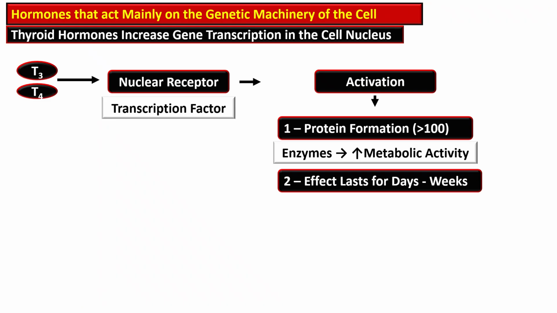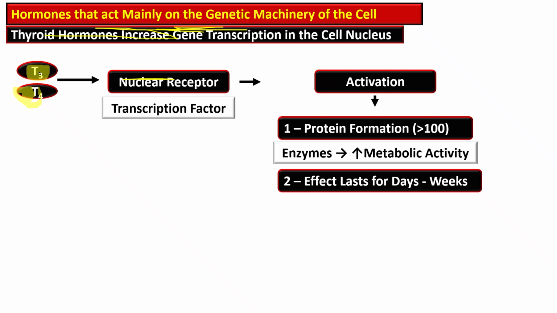So the thyroid hormone is also a lipophilic hormone, both T3 and T4 are lipophilic hormones. T3 or triiodothyronine and T4 the thyroxine, both are lipophilic, so they diffuse across the cell membrane.